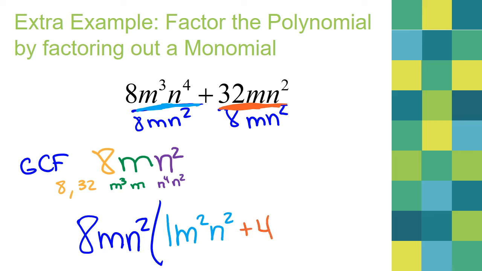That's a positive 4. M divided by m is 1. N squared divided by n squared is 1 again. So I only end up with a term of 4. So I have my greatest common factor out front, and if I divide it out, I have what's remaining in parentheses.